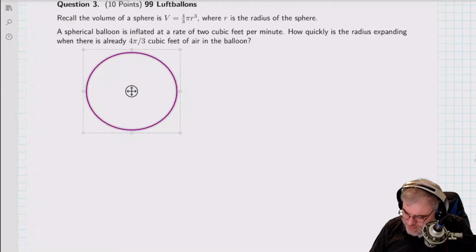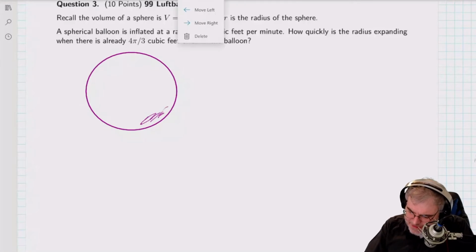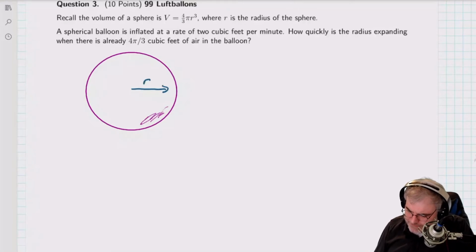All right, so we have a sphere here. It's got a radius that's expanding, right? So there's volume going into the sphere. So r is getting bigger. There's air being pumped in, so the volume's increasing.